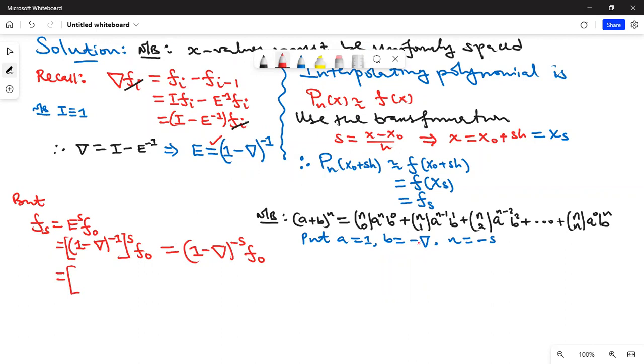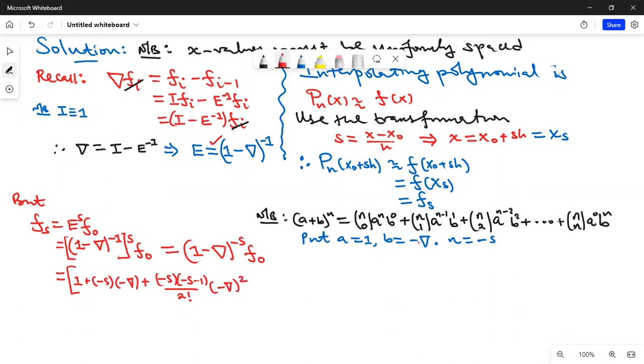This should give you 1 plus negative s times negative delta, that should be negative delta, plus negative s minus 1 over 2 factorial negative delta squared.